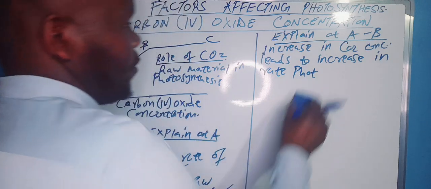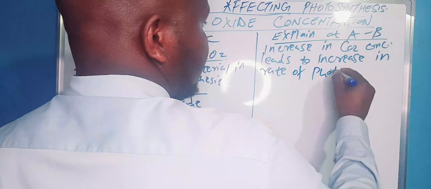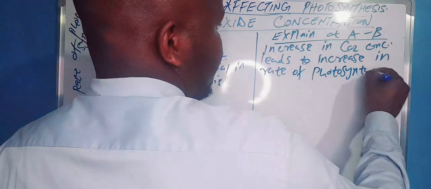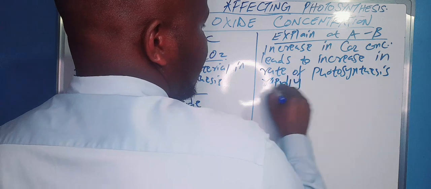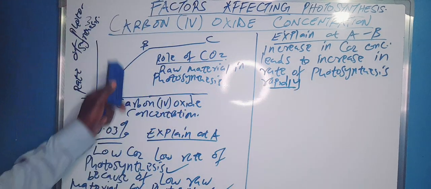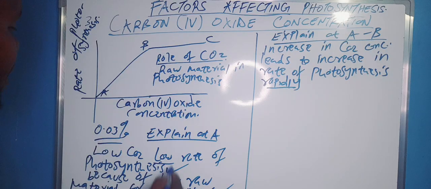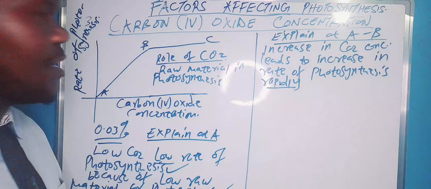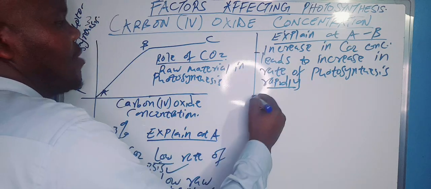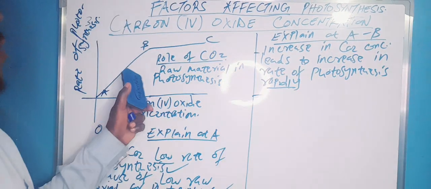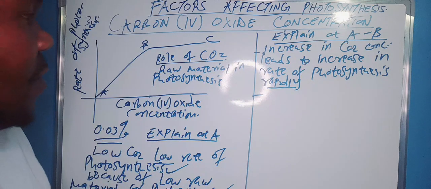And these terms are the things that we require to hear from this curve. This one is constant, low. This one is where your mark is. It's increasing in which manner? Sometimes it can increase first slowly, then rapidly. Then what's the main reason? The main reason here is enough raw material for photosynthesis.